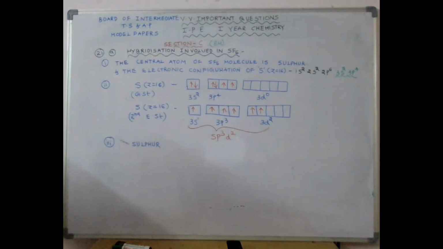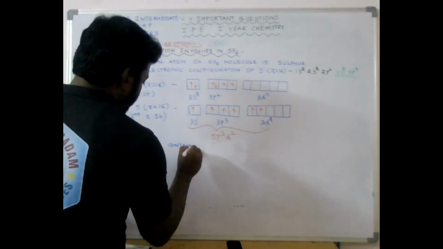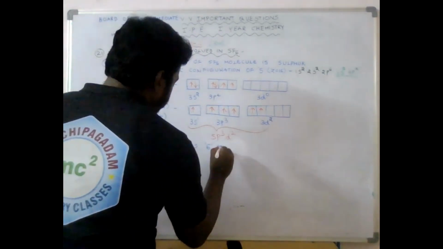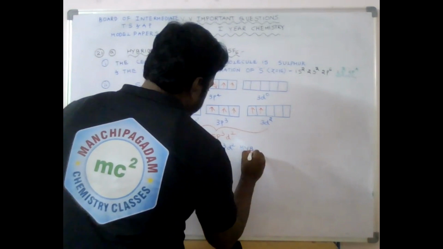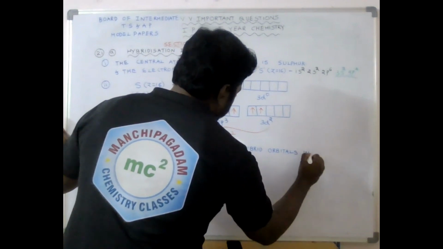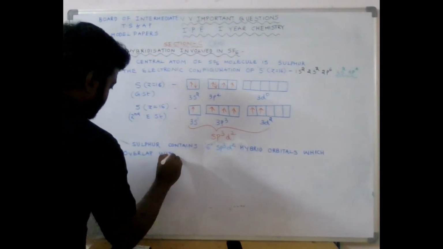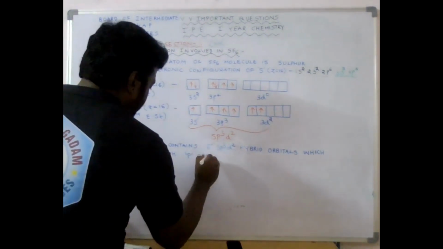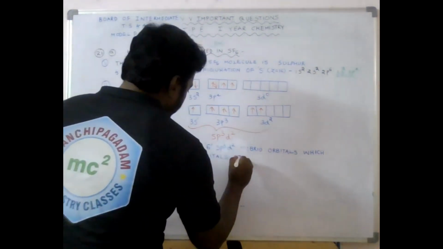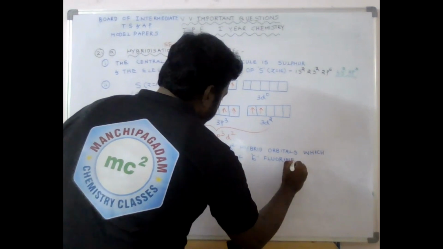Sulfur undergoes sp3d2 hybridization, and how many hybrid orbitals does it form? Sulfur contains 6 sp3d2 hybrid orbitals, which overlap with p orbitals of 6 fluorine atoms.